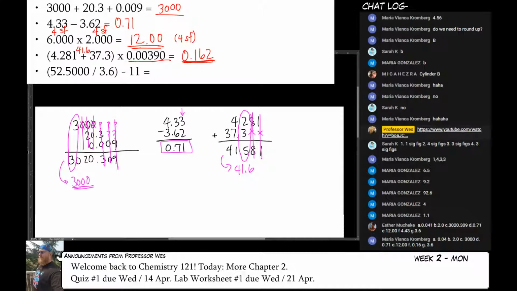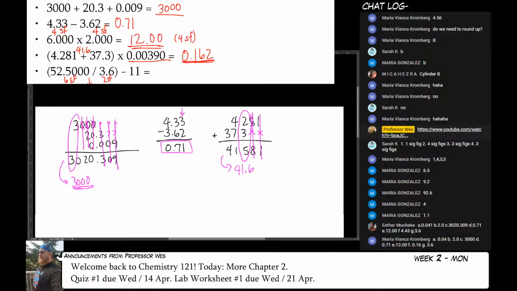And then finally, for the last problem, I need to do 52.5000 divided by 3.6. Well, this number as written has 6 sig figs. This number has 2 sig figs, so whatever my result is in the calculator can only have 2 sig figs.